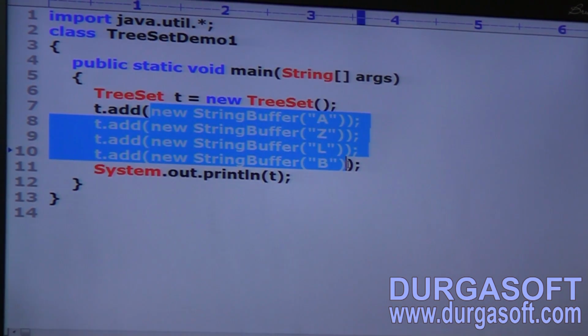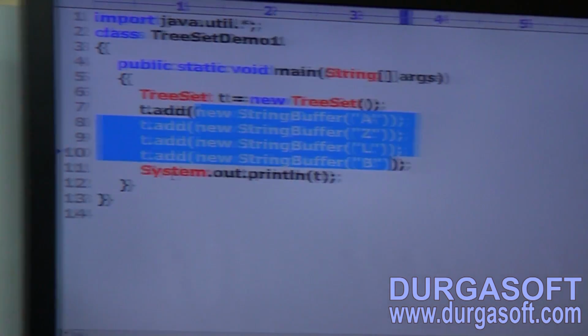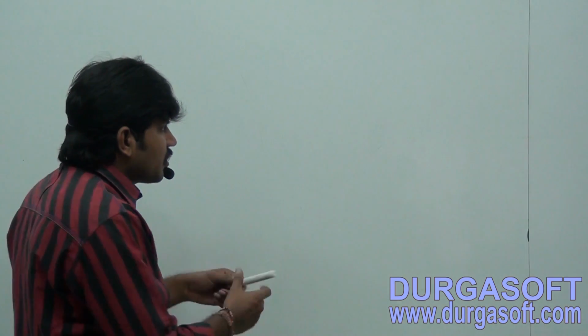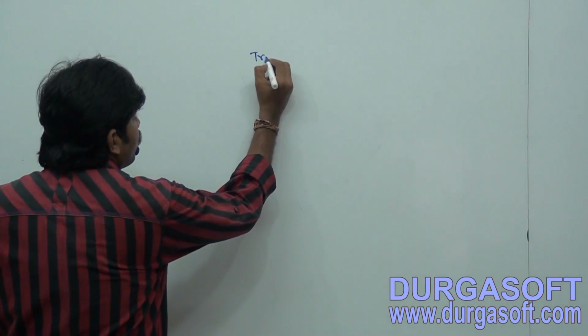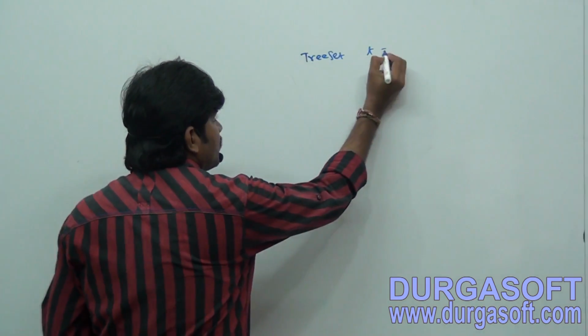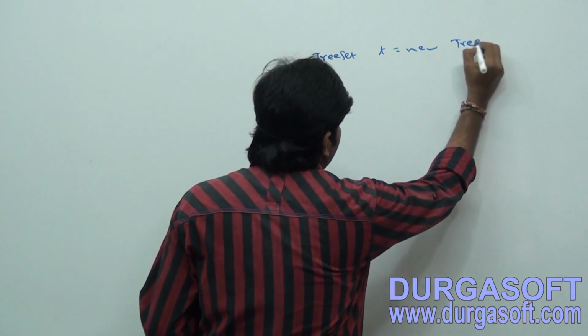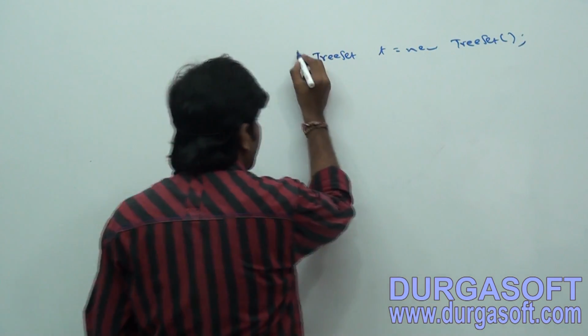Why are we getting ClassCastException in this case? Make sure you remember well. In this example, am I depending on default natural sorting order or customized sorting? Default natural sorting, because which constructor did we use? The first constructor, TreeSet t = new TreeSet. Default natural sorting order, right?